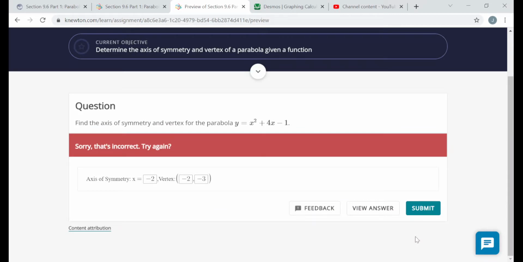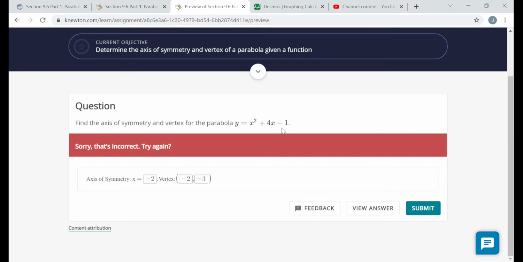What happened there? Negative 4 over 2. Oh my goodness. Well, here's a first in a while, a mistake. And here's your lesson here.